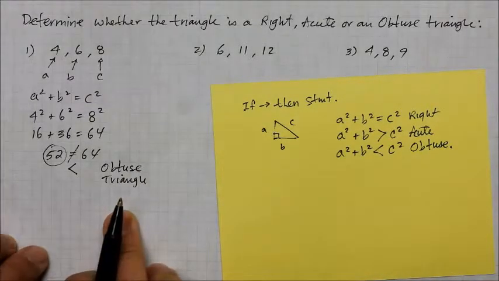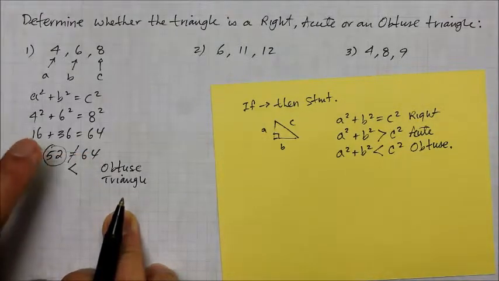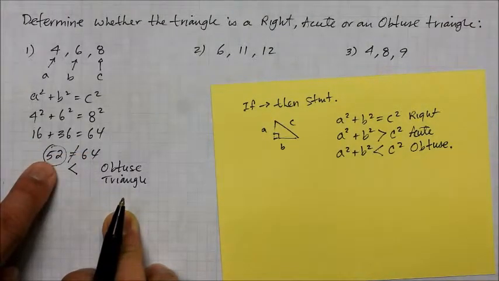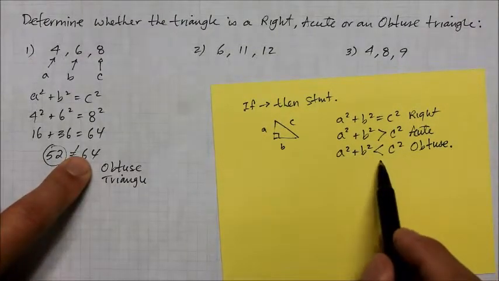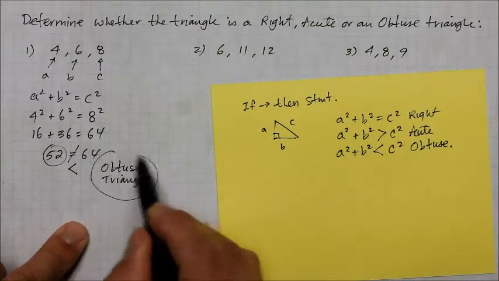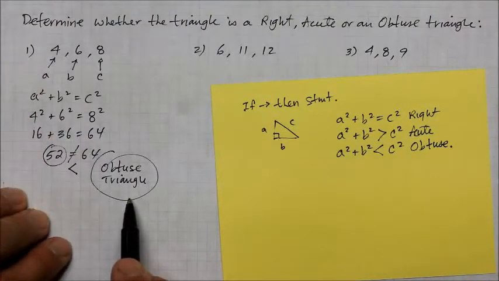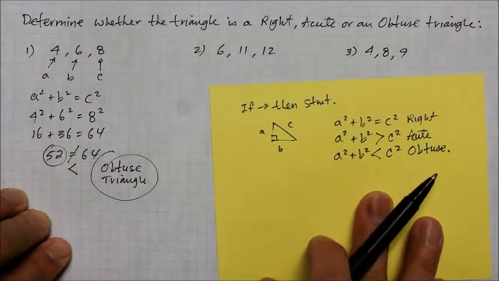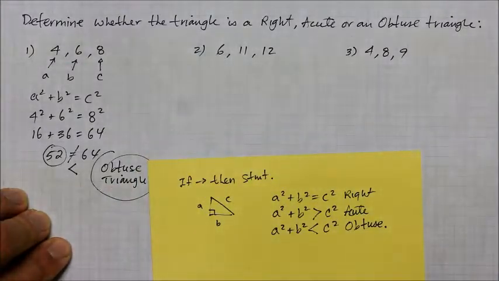It's not a right triangle because they do not equal, but a squared plus b squared is less than c squared, and we said the less than represents an obtuse triangle. That's how you identify the type of triangle given these dimensions. So using these conditions, why don't you try to determine what triangles 2 and 3 represent?